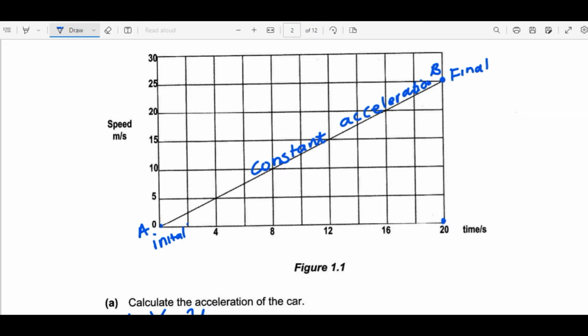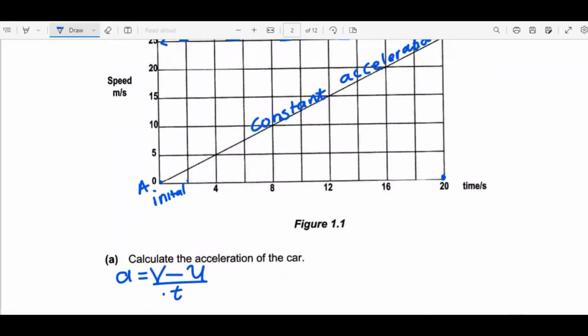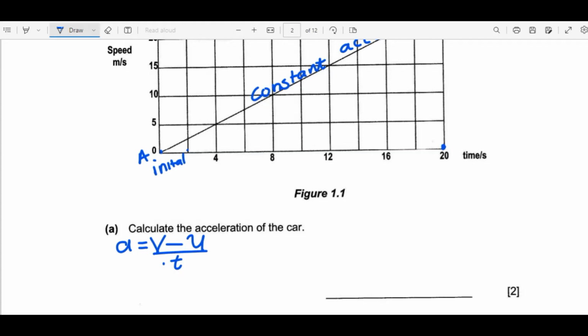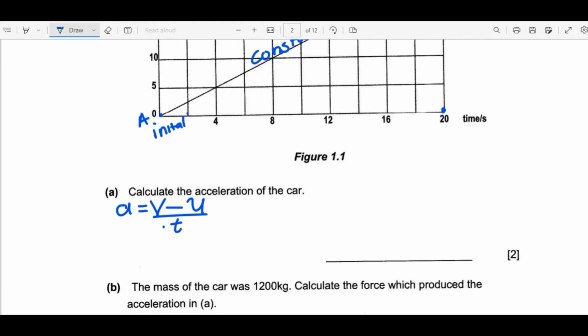Then the final velocity, we need to move parallel to the x-axis, so we can see that we are falling at 25. So let's have now our final answer. Let's do the math here. The final velocity is 25. The initial is 0, over 20.